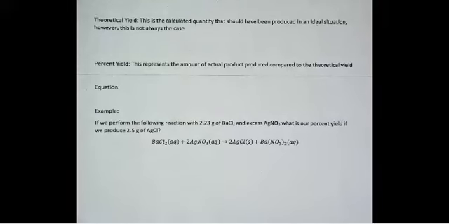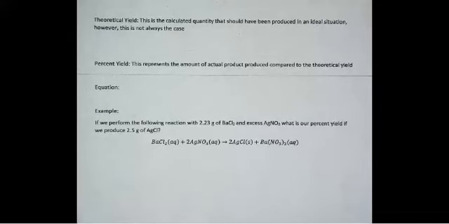Welcome to today's video where we are going to discuss theoretical yield, percent yield, and how to calculate the percent yield if given the amount of product that we made in a real-life chemical reaction. So first, to define theoretical yield. Theoretical yield is simply defined as the calculated quantity of product that we should make if given a certain amount of reactant.